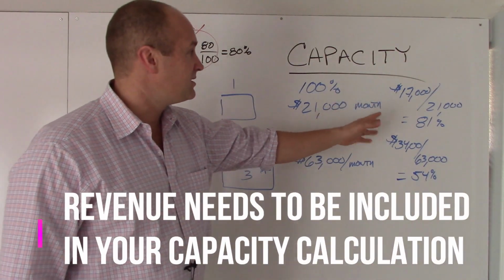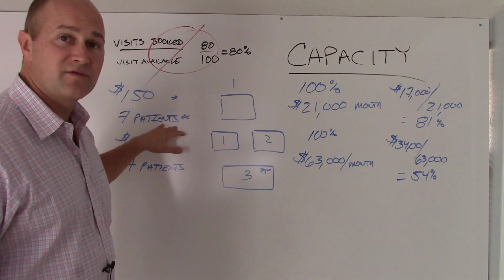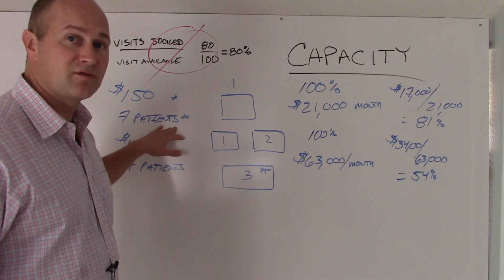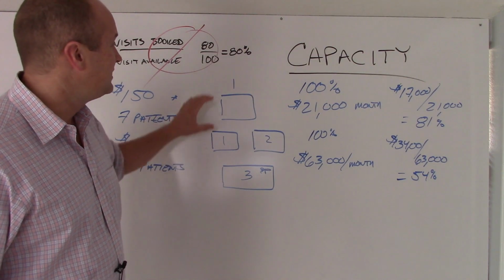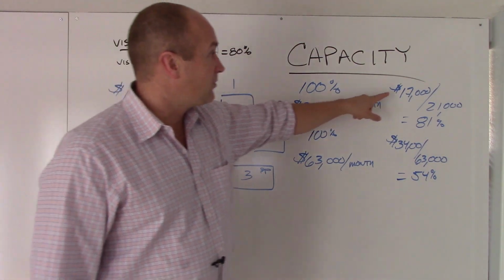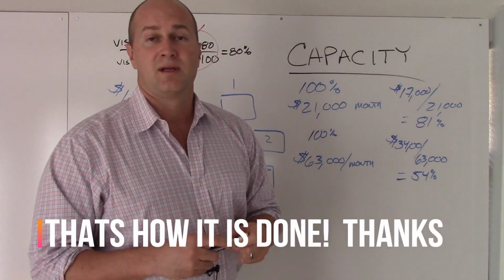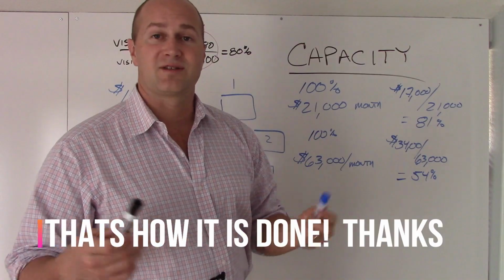Identify your average revenue per patient. What is a full caseload or a full schedule for you? Define that based on how many rooms, what's 100% capacity, and what's your current capacity. And that's how you should be measuring the capacity at your practice.